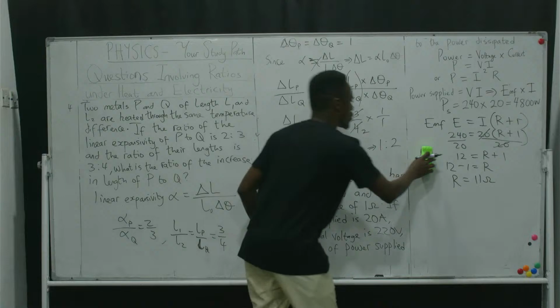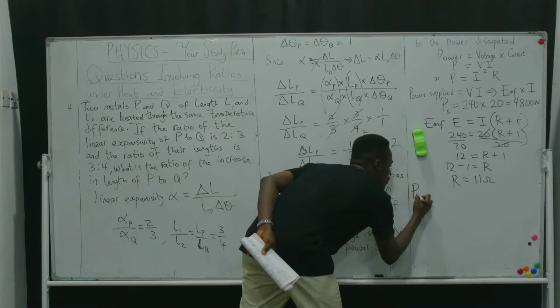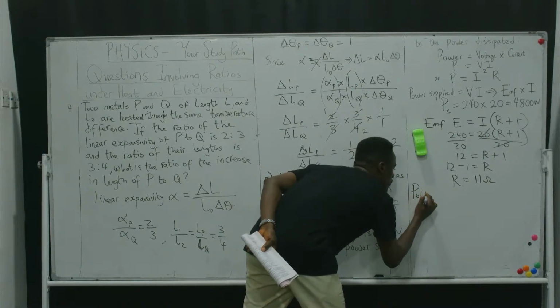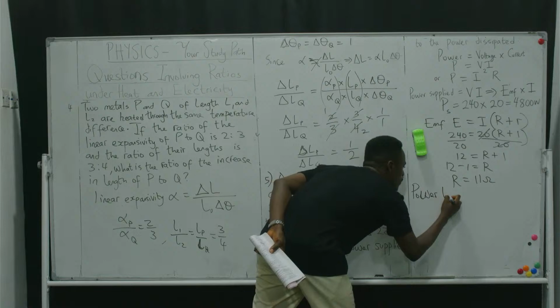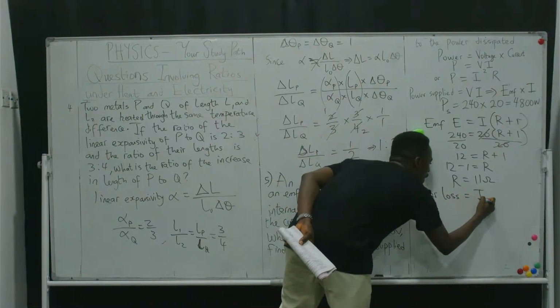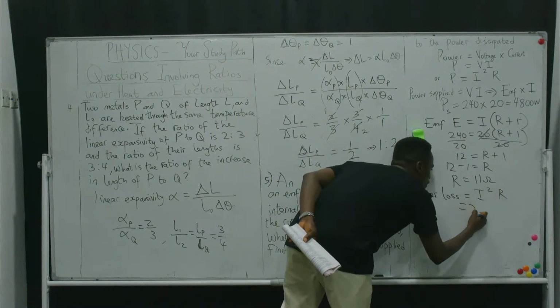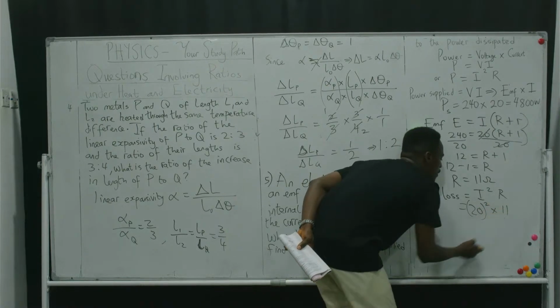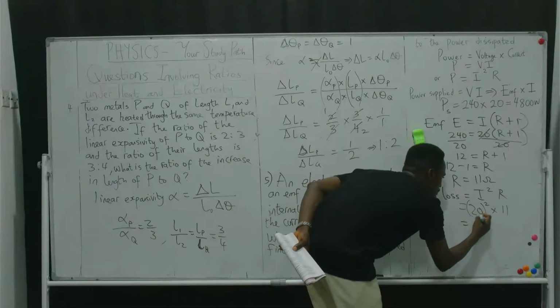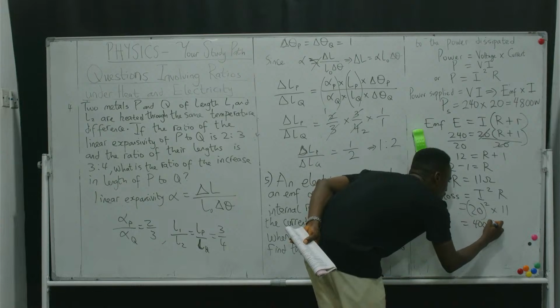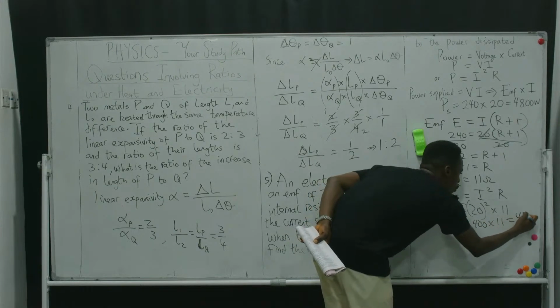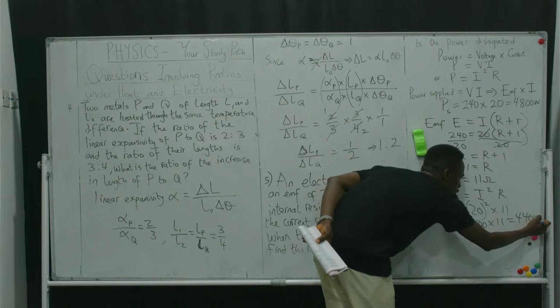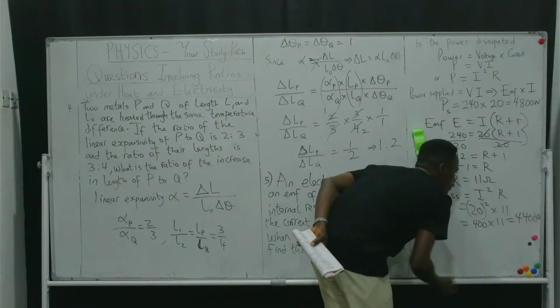Having 11 ohms, use it to calculate the power loss. Power loss is I squared R, and you have 20 squared multiplied by 11, so 400 times 11, which gives us 4,400 watts.